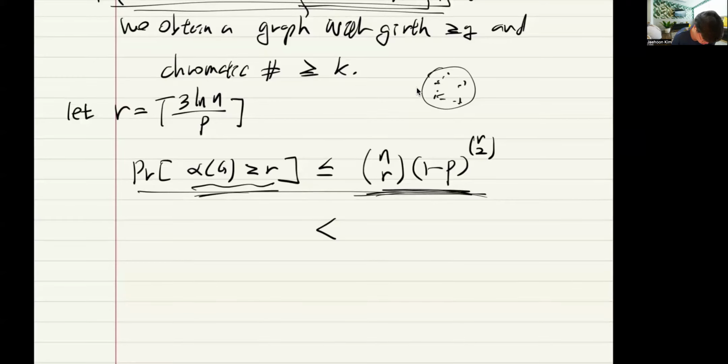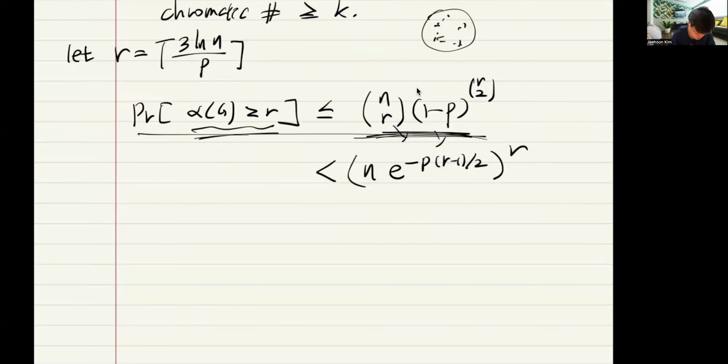And this is smaller than what? Using the approximation, this is n times e to the minus p R minus 1 over 2 to the R. And this goes to 0 as n goes to infinity with our choice.